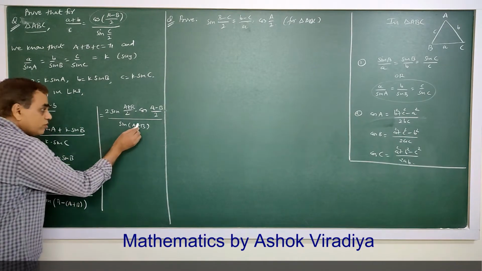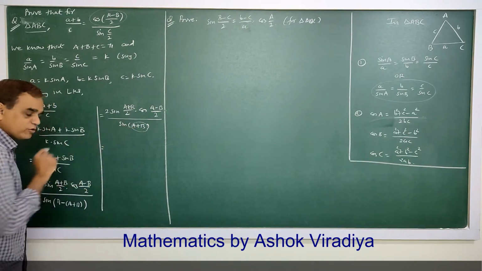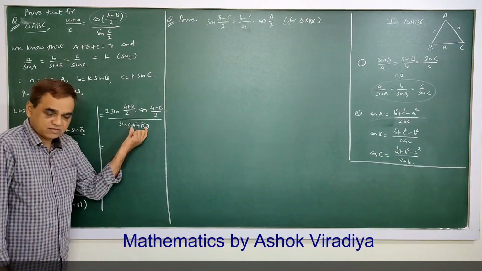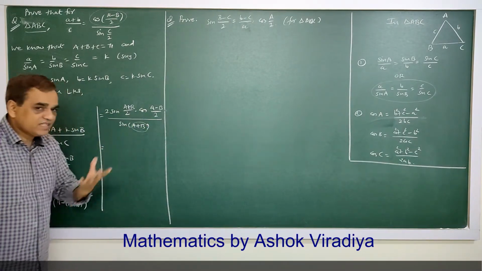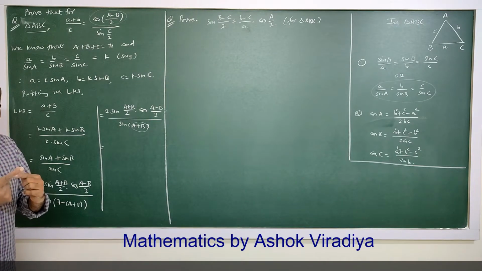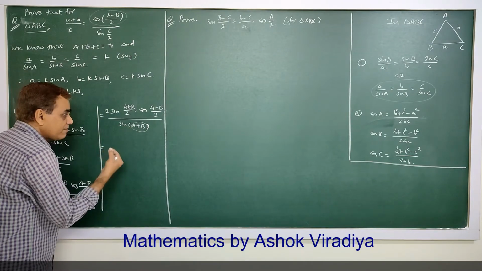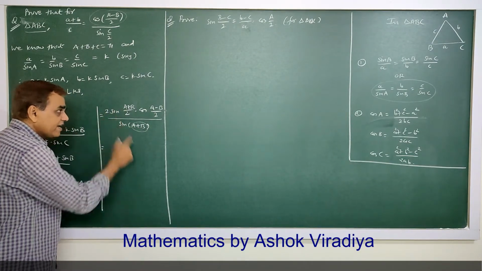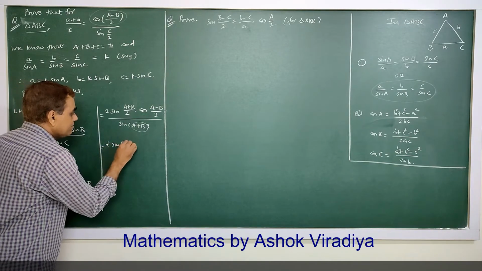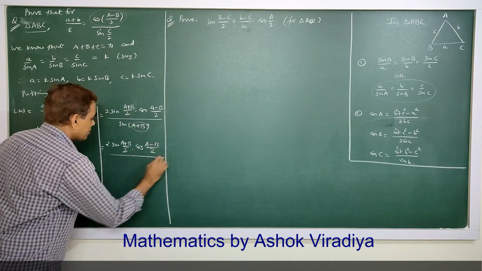Now here we convert this in theta by 2. If this is alpha, then sine alpha is 2 sine alpha by 2 cos alpha by 2. So applying this formula, this part will be cancelled.